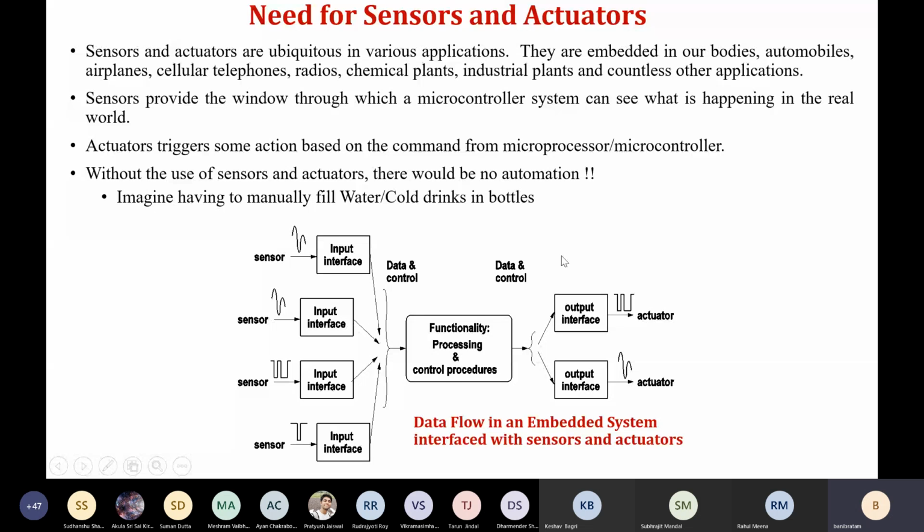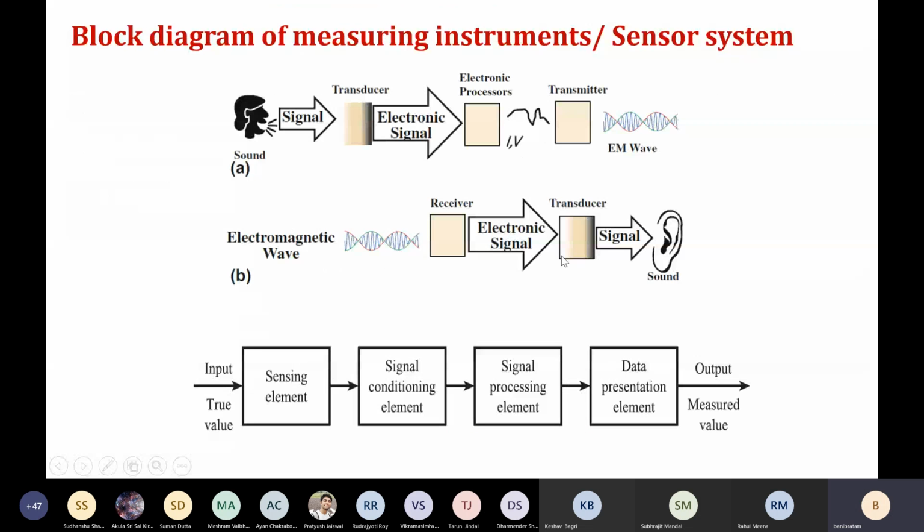Okay. So now we will see the typical block diagram of the measuring instruments or the sensor system, right? Another thing I want to mention: I think two or three students from this batch have attended the ECS embedded control system course as well. In that course, we discussed in detail these interfacing aspects.